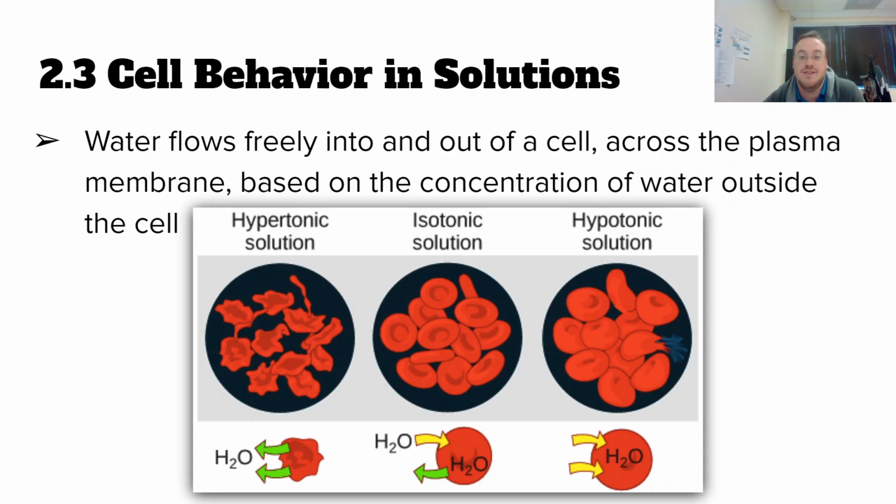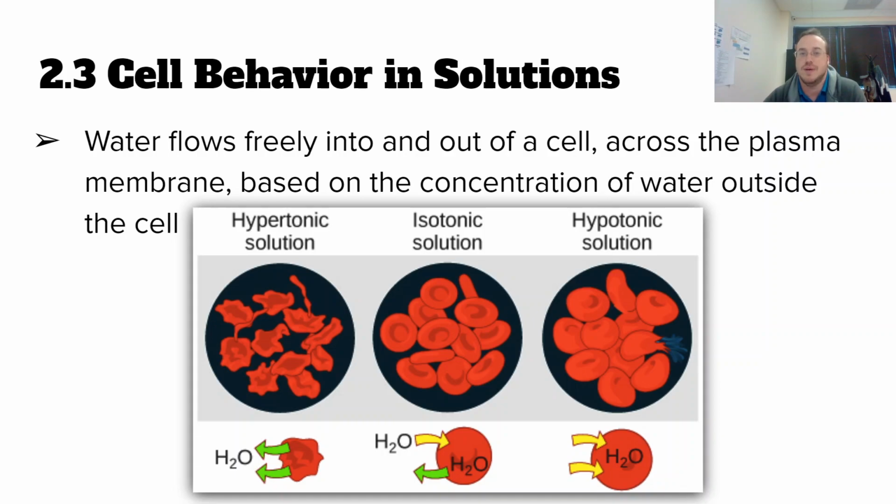If we have a hypotonic solution, there is more water outside the cell than there is water inside the cell, so the water is going to go into the red blood cell. If there's more water inside the red blood cell than the red blood cell can expand to contain, it will rupture.